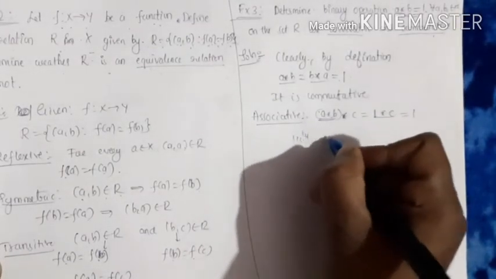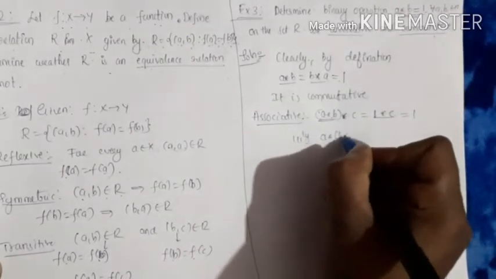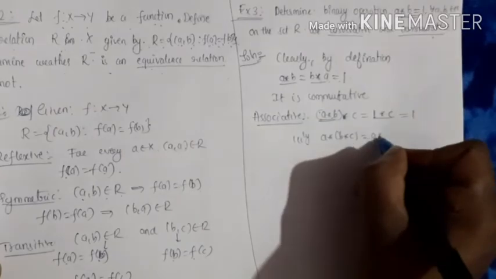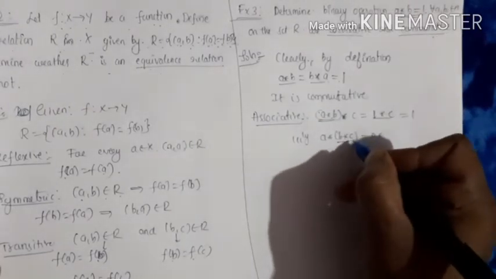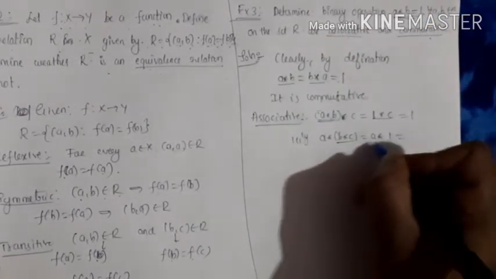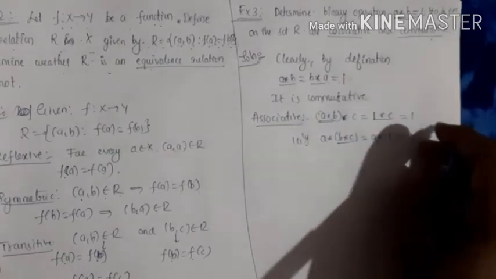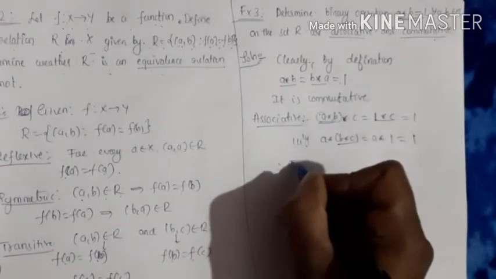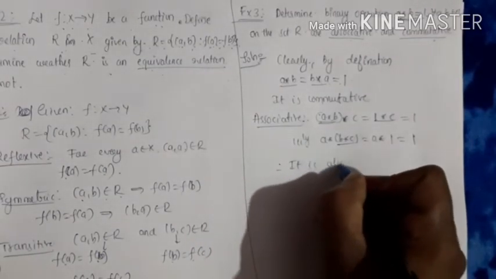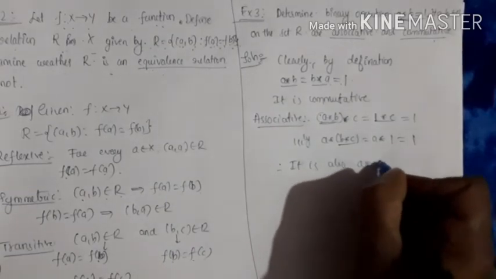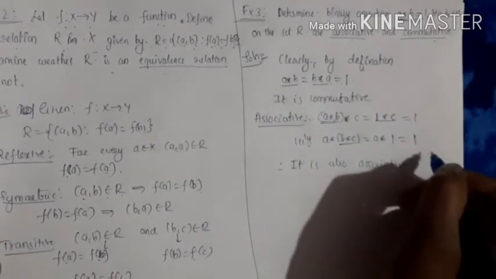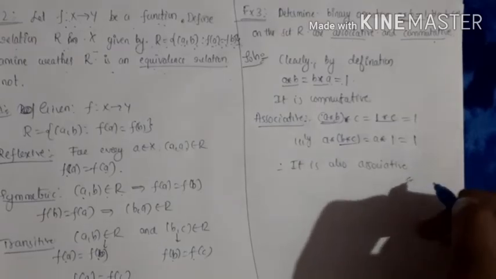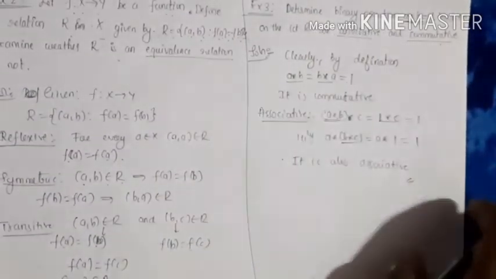Similarly, A star (B star C) is 1, because by definition, A star 1 is 1. So both are 1, therefore it is also associative. So therefore this is the solution of this example.